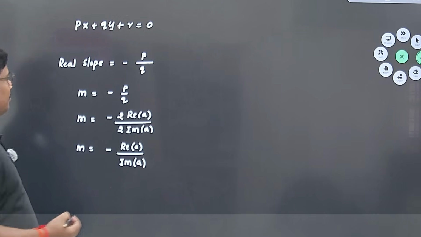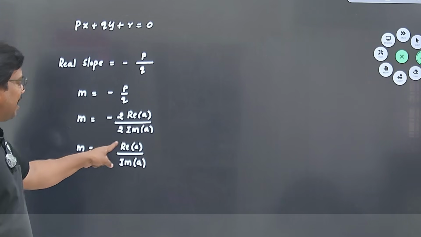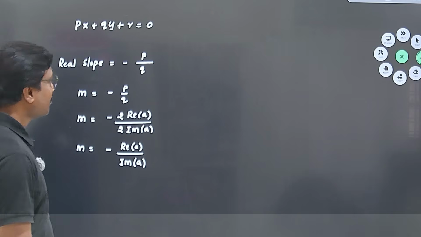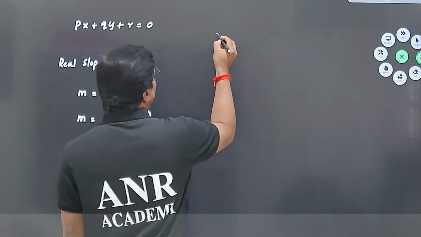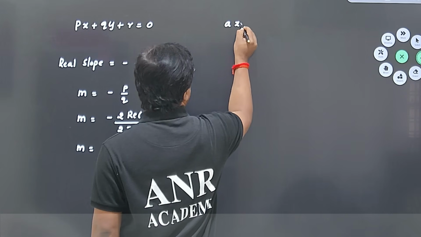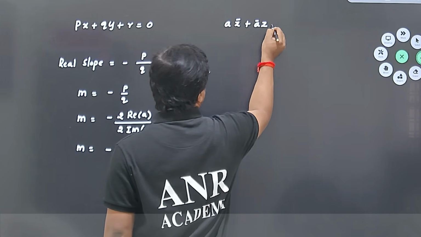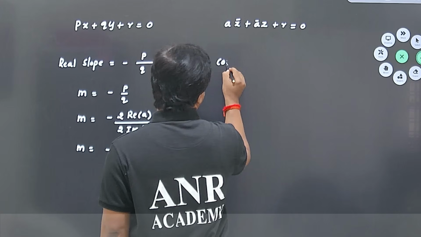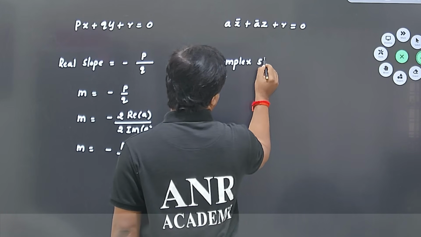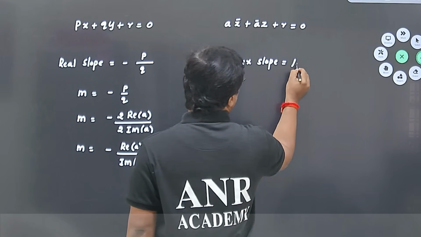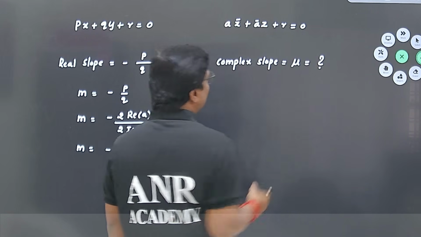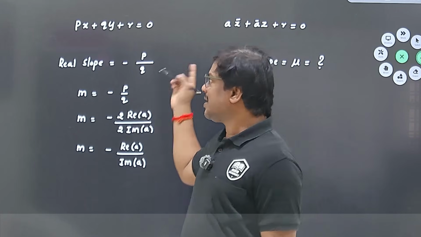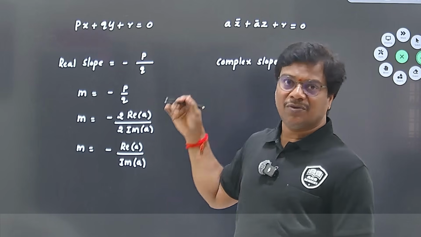You can write minus p by q or minus real part of a by imaginary part of a. This is in complex notation. The same equation in complex form is written as a z bar plus a bar z plus r equal to 0. Now what is the complex slope? Both equations represent the same straight line.